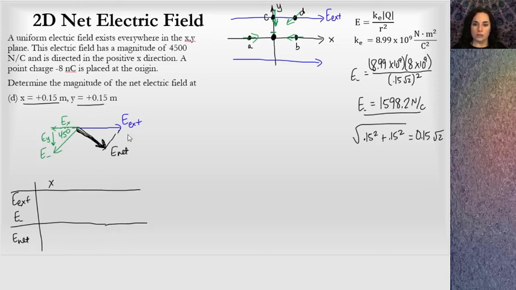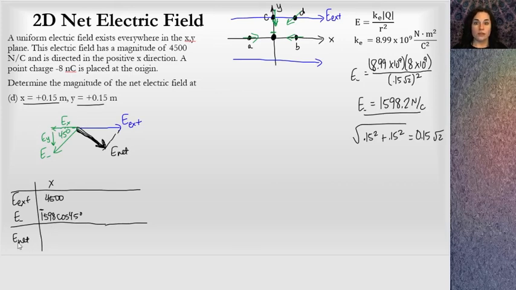So when I consider the x component of E external, I definitely have 4,500, and that's it. When I consider the x component of the negative charge, I'm going to have 1598, the magnitude of this vector, times cosine 45 degrees, and also in the negative direction. Notice that's pointing in the negative direction.